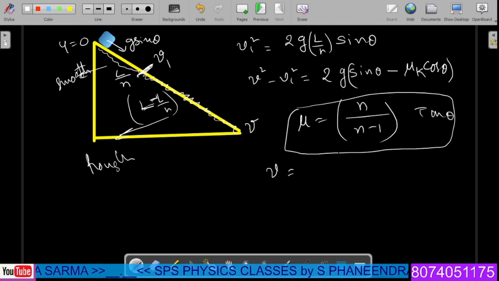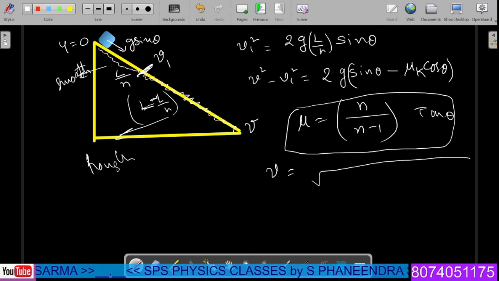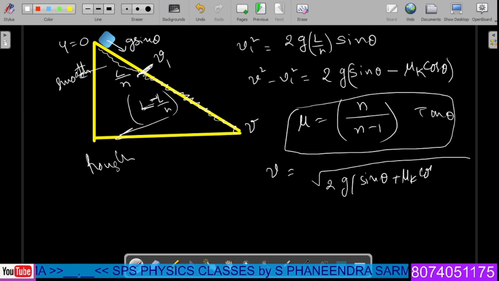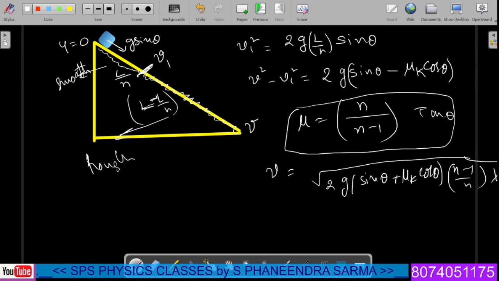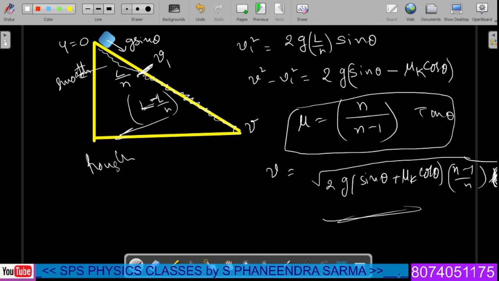Upon solving this, the final velocity upon reaching the bottom is given by 2g of sin theta plus mu k cos theta into n minus 1 by n into L. So by using this particular formula, one can decide the final velocity and intermediate velocity, where the intermediate point is remembered for the position where the smooth surface ends.